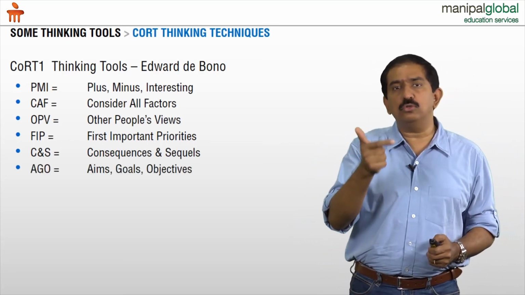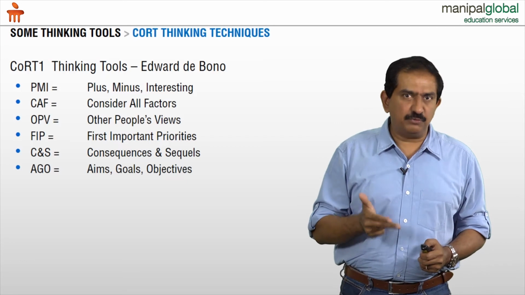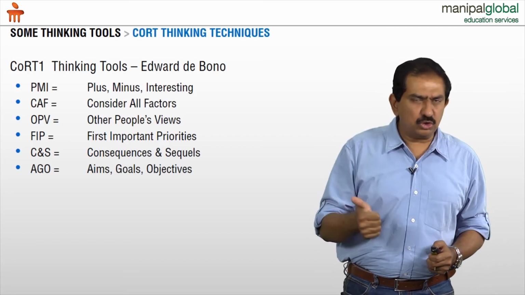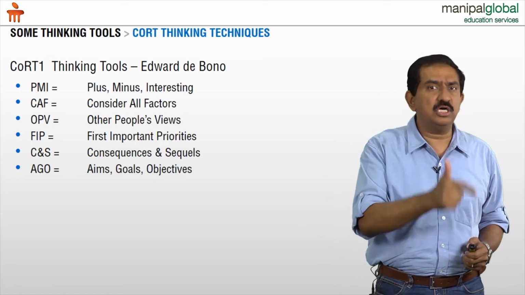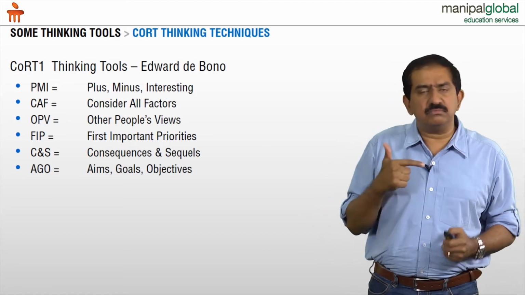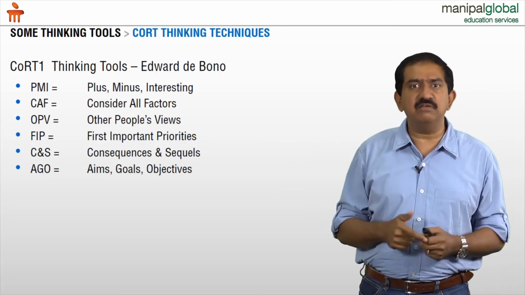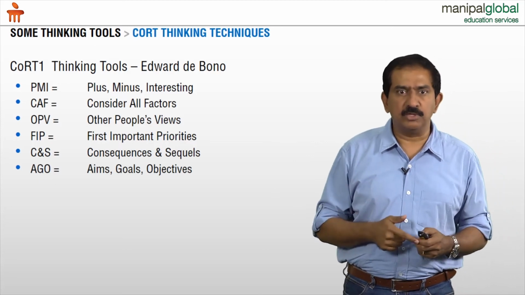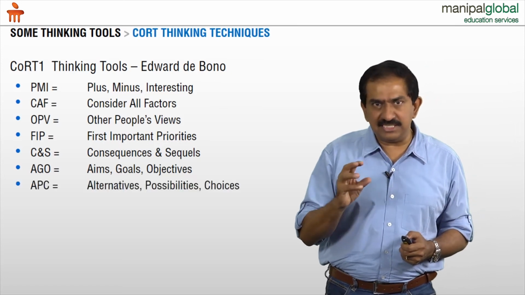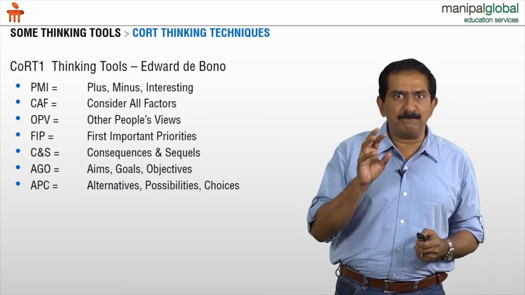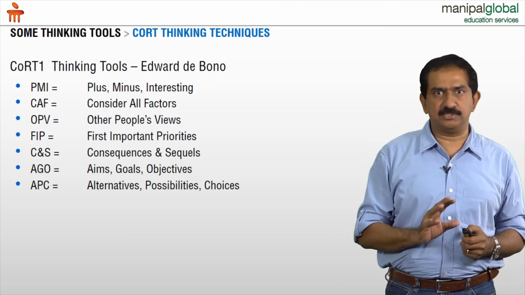AGO, aims, goals and objectives. If you are developing a feature, why are you doing it? Who is it going to help? Who is it going to hurt? What is the purpose? Can the actors live without that feature? So on and so forth. And of course, the last piece in this is something called APC, which stands for alternatives, possibilities and choices.